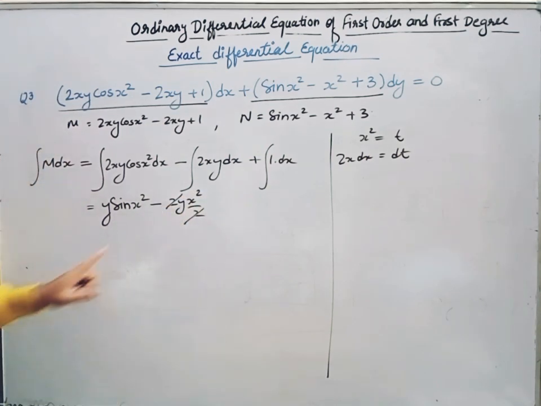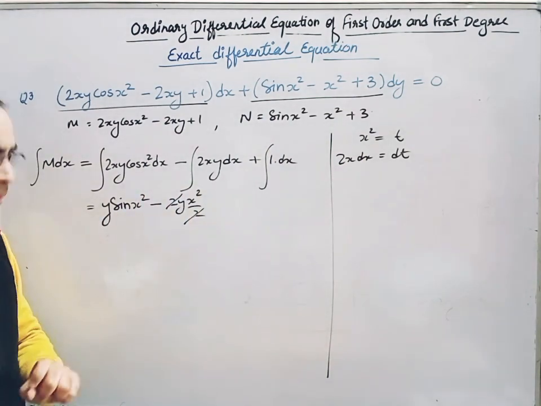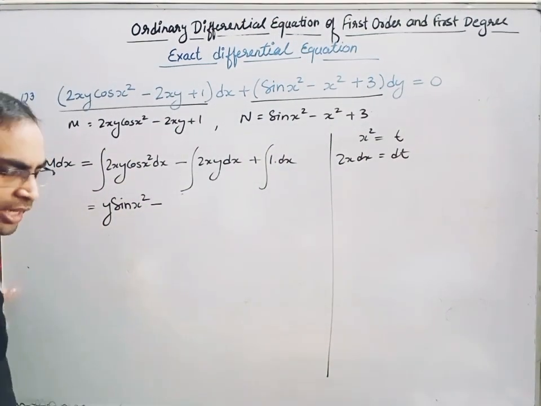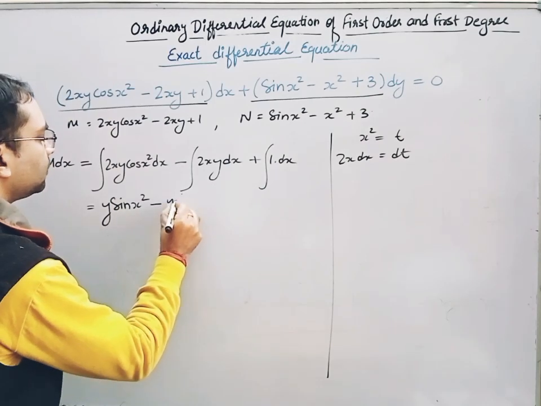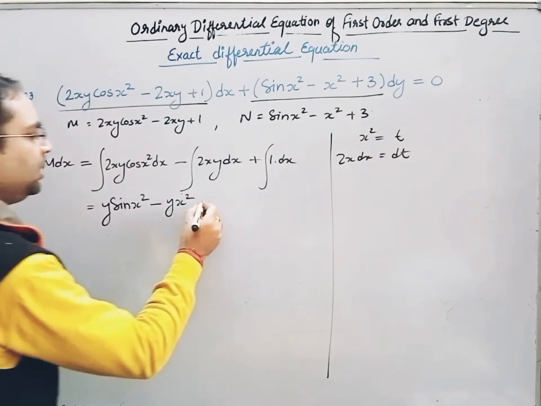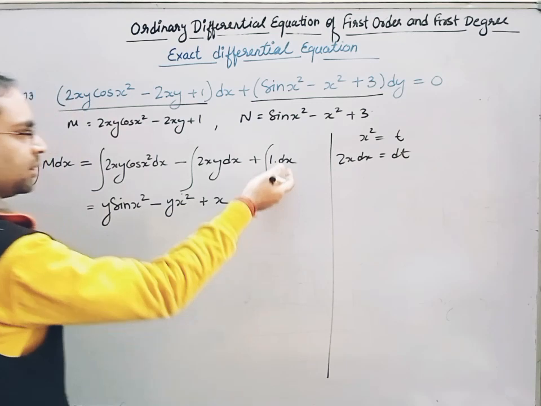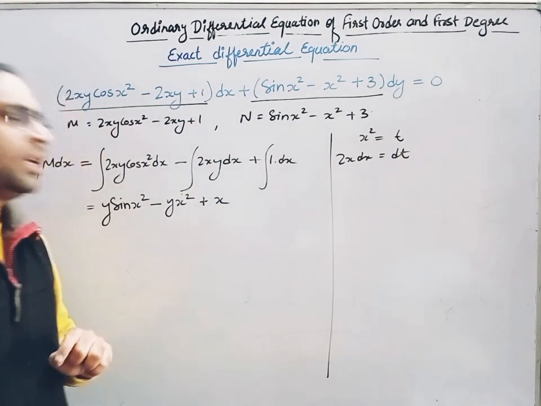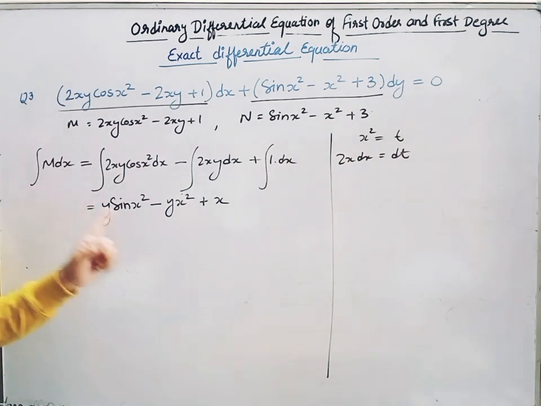So what remains is minus y x square. Let me rewrite this as minus y x square. And lastly, plus the integral of 1, which is a constant, so we have plus x. So this is the integral of m dx.